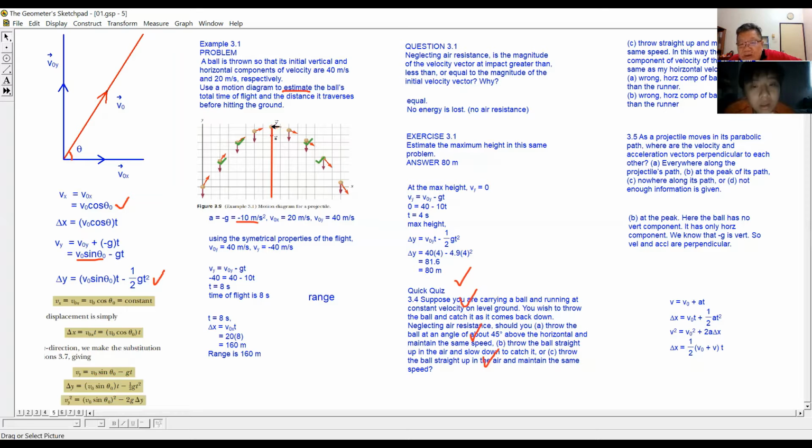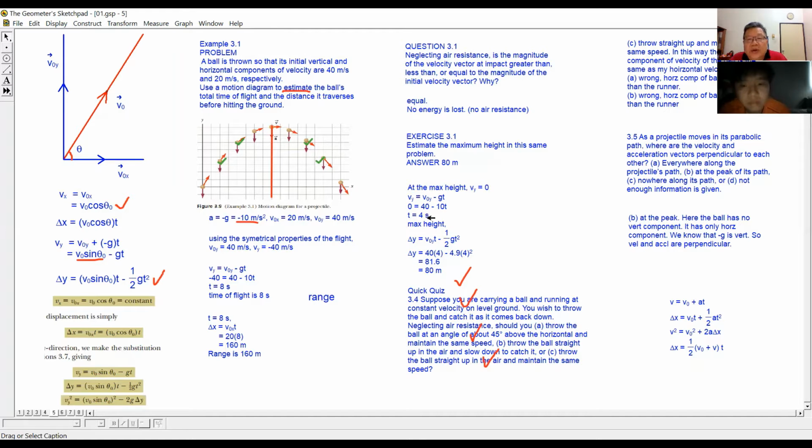At the highest point, the final velocity is 0 because at that position, it is instantaneously at rest. The initial velocity, the vertical component, is 40. Acceleration due to gravity is minus 10. From here, we can find the time taken to reach the maximum height, which is 4 seconds.